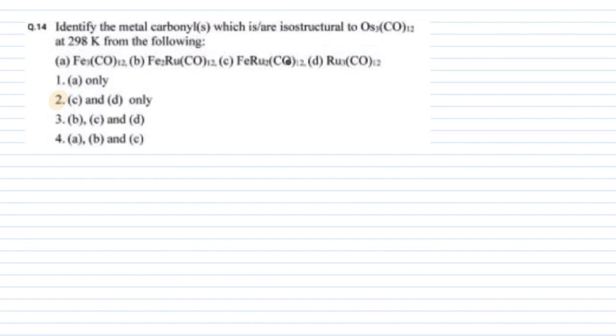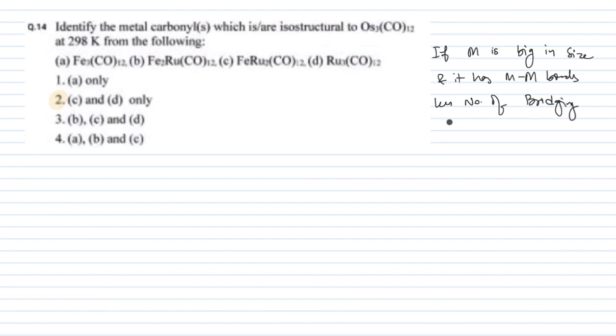I'll tell you one shortcut trick, one way you can understand metal carbonyl structures. Remember one thing: if the metal is big in size and it has metal-metal bonds, in that particular case there will be fewer bridging carbonyls.